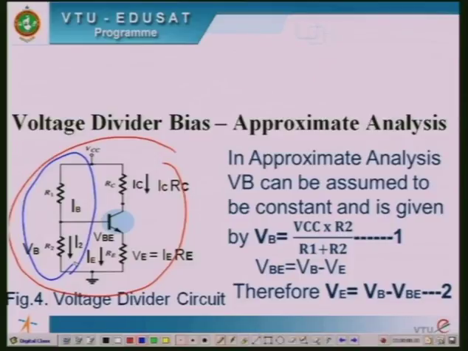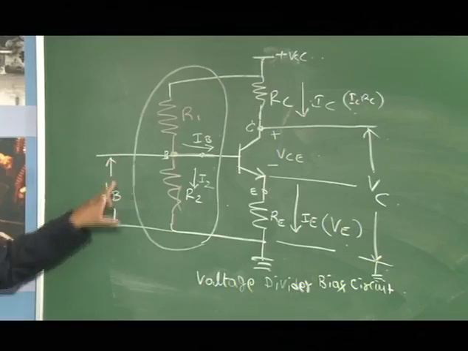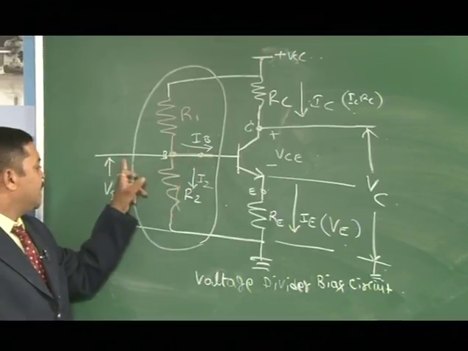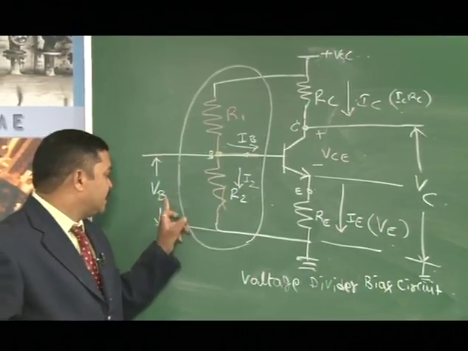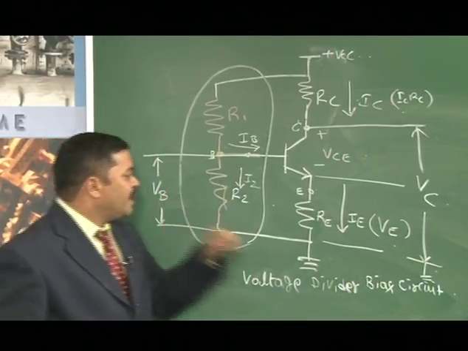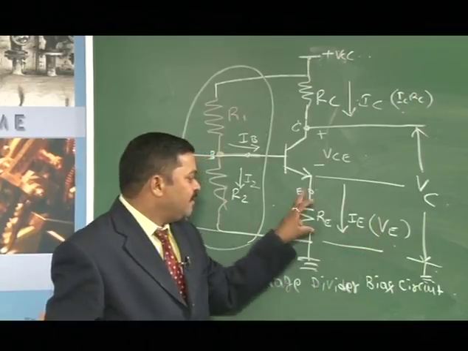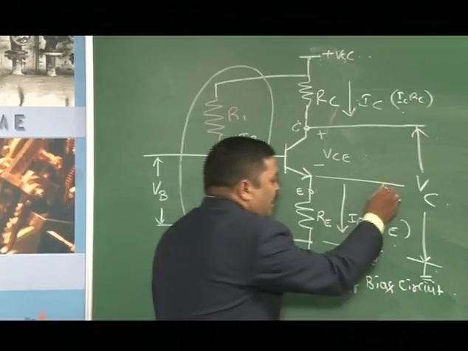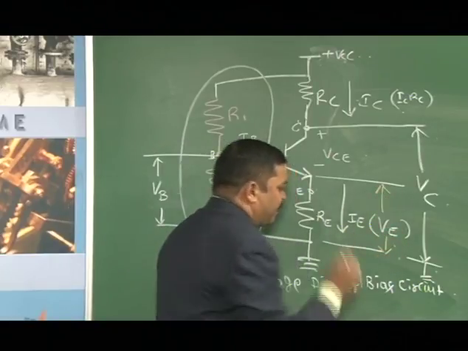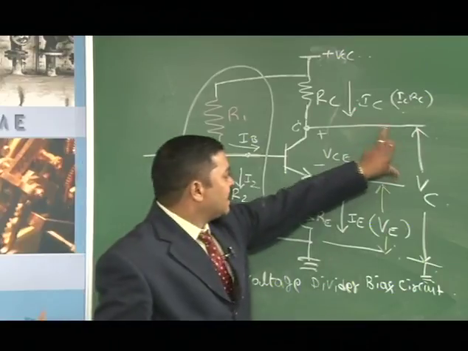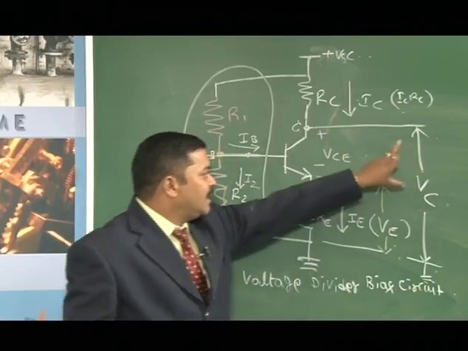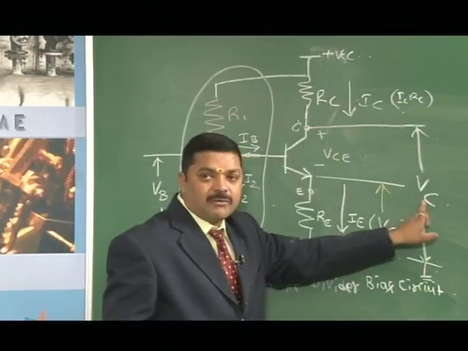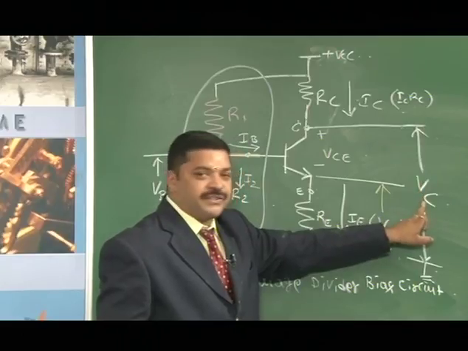In the approximate analysis, we will consider the base voltage with respect to ground as VB. The emitter voltage VE we will consider from the emitter to the ground, and VC, the collector voltage, from collector to the ground, which we will call VC.